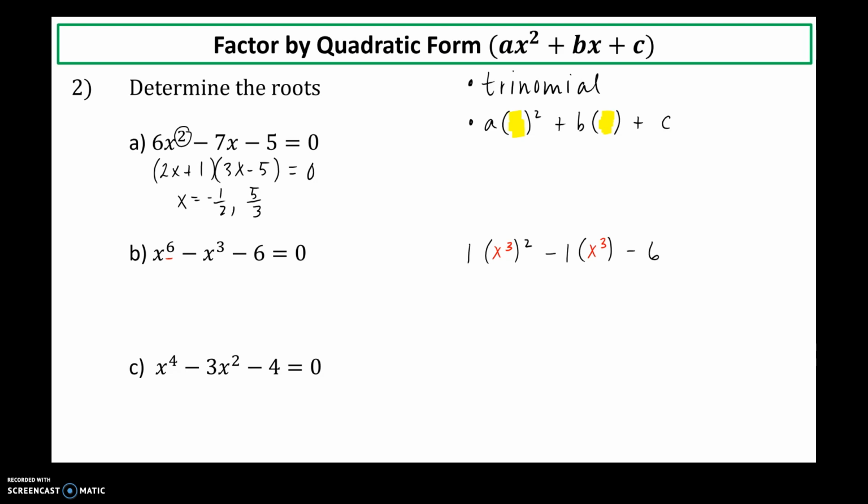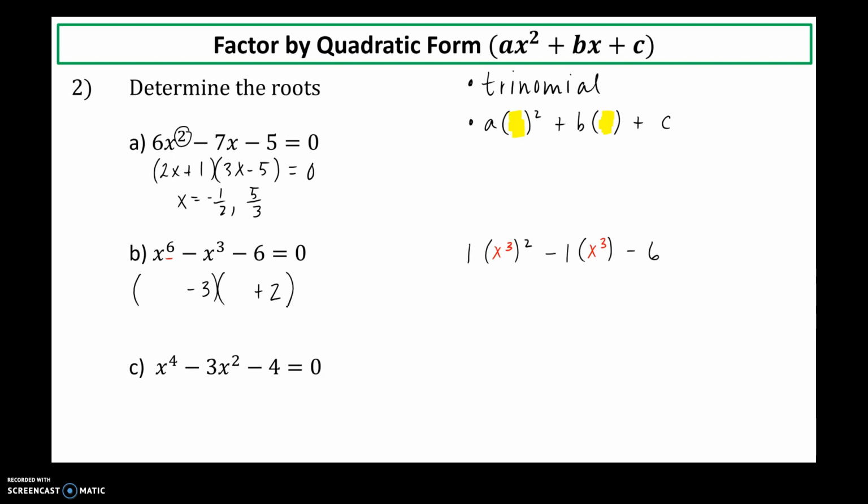So anything you need to look for: 3 terms, and your degree is 2 times the other exponent in the equation. But what's so nice about it, it factors the exact same way. You're still looking for factors of negative 6 that add to negative 1. So that's going to be negative 3 times 2. Negative 3 times 2 is negative 6, negative 3 plus 2 is negative 1.